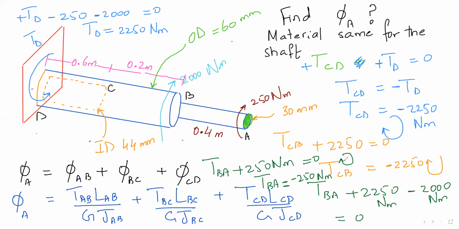Good. So now I will start picking all the chunks together. This is 1, 2, and anything else? And T_CB. Where is T_CB? Here.